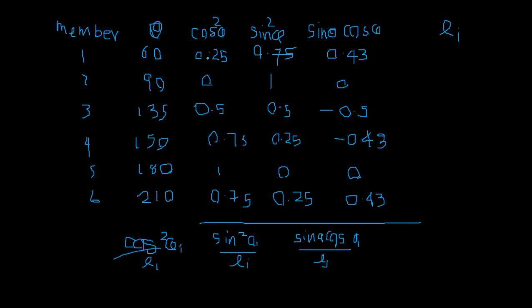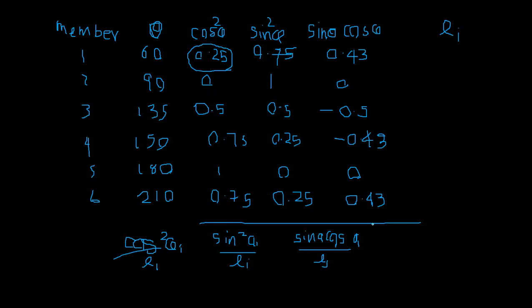That means you have to divide this. This is cos squared theta 1, you have to divide by L1. For these, you have to divide by L2.